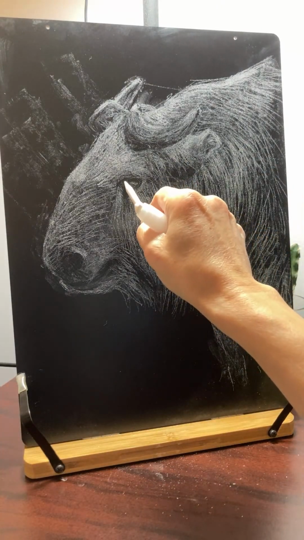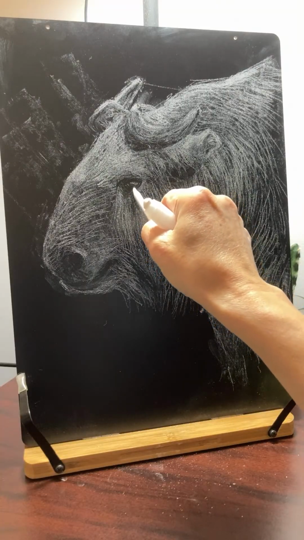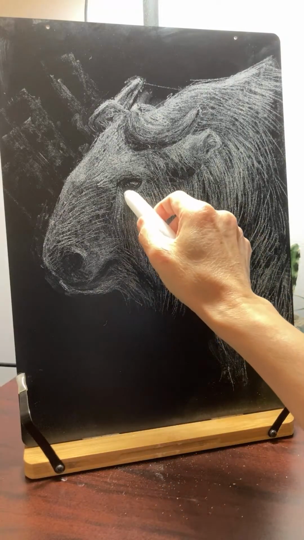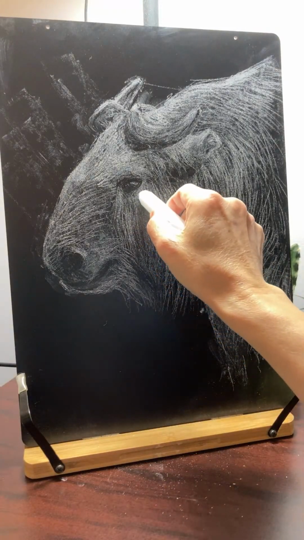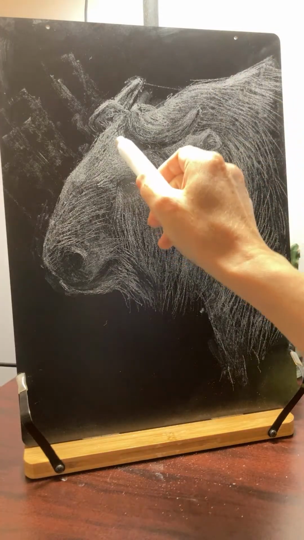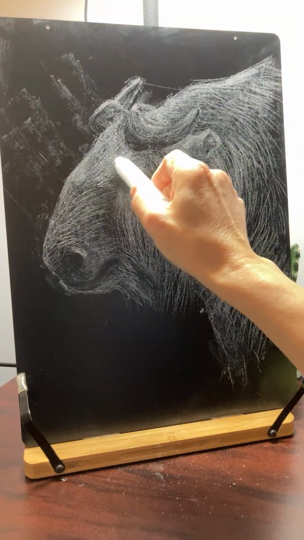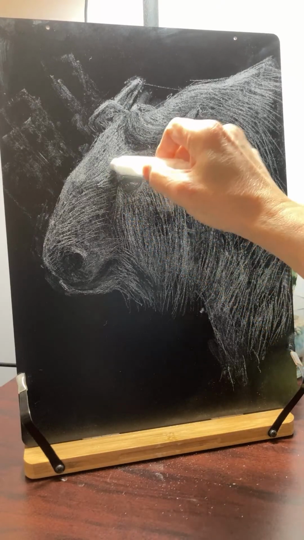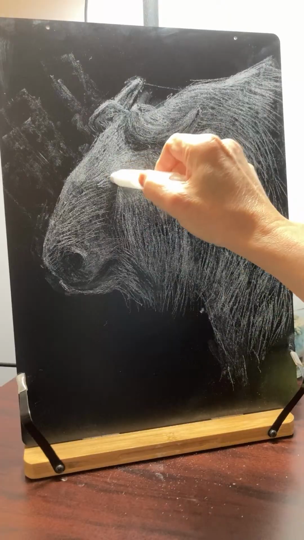Okay, this is the shadow, this is the eyeball, and this is the bottom of her eye, the lower part of her eyes. And now I'm going to build the eye bone. Here he got more light, so I put more hair and more chalk here.